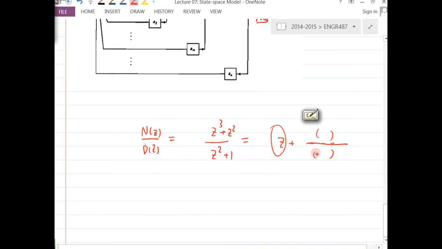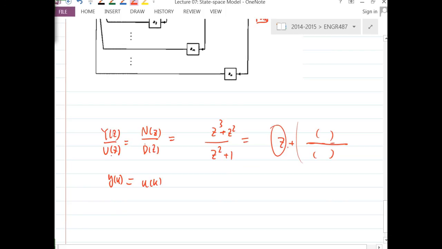Let's look at a case like this. Just for example, this is your current y of z over u of z. Let's suppose that you end up with a z plus a certain numerator over denominator. Then instead of y of z, I'll just write y of k here. The y of k is equal to this guy times u of k times z, right? U of k times z.